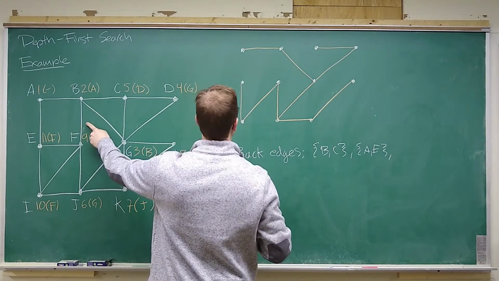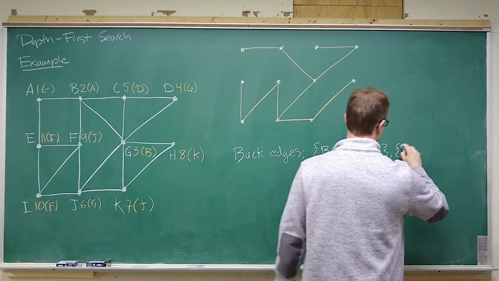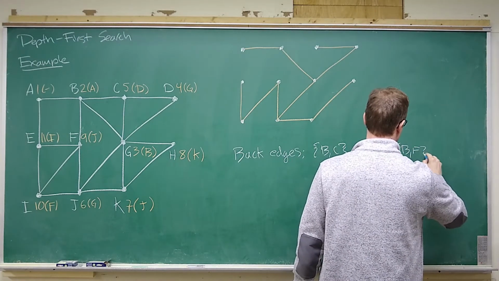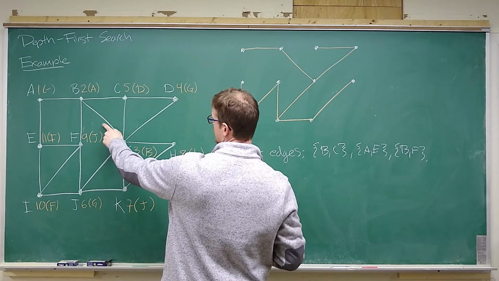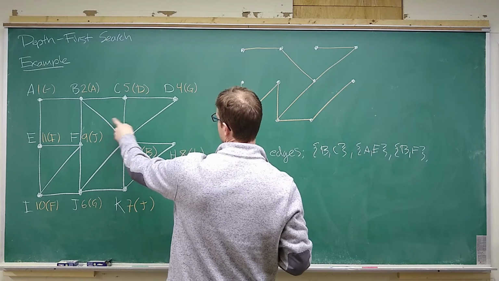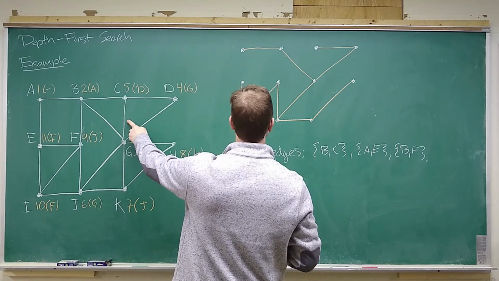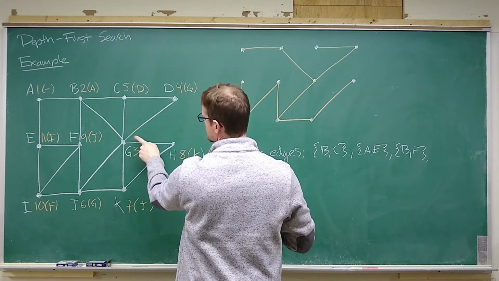Let's see, this vertical edge, BF, is not. This oblique or slanted edge is used, so that is not a back edge, it is a tree edge. This edge here is not used, so it is a back edge, that is CG.